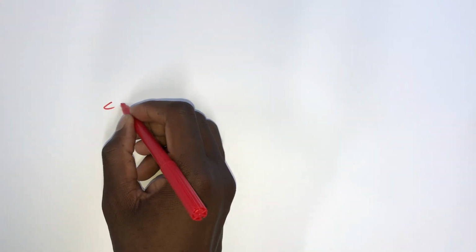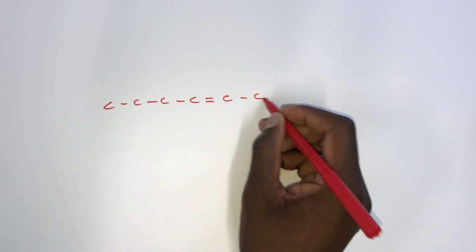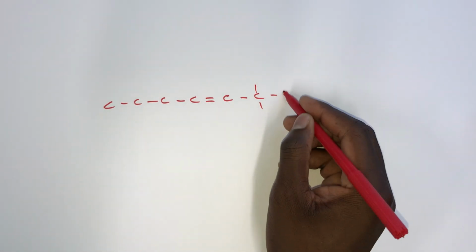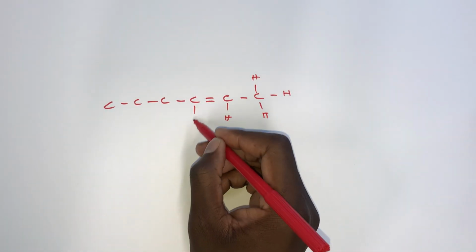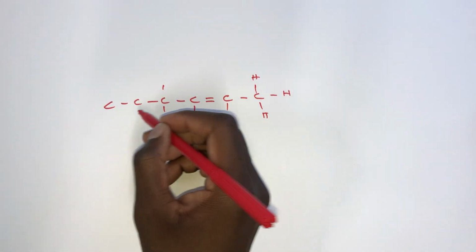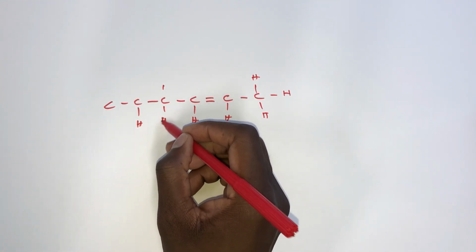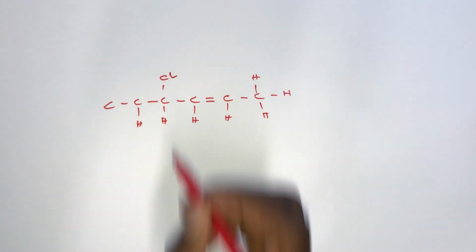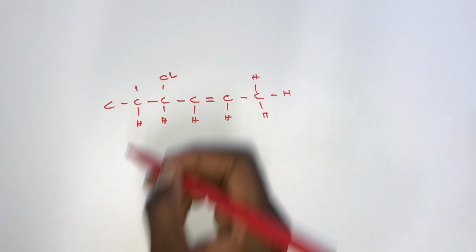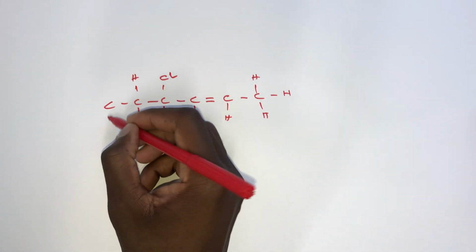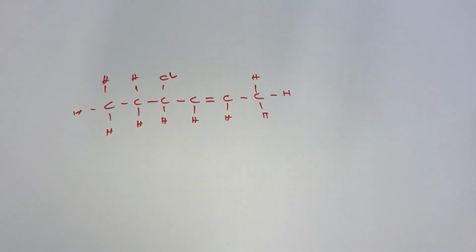So let's have another structure now. Let's say now we have this one. We have Cl here, and let's check.